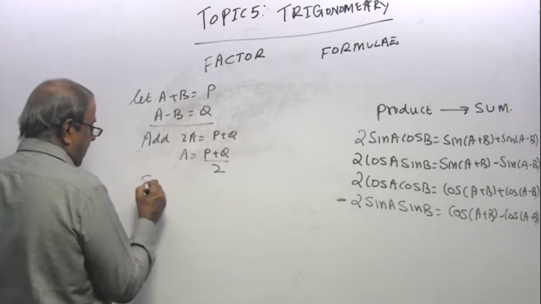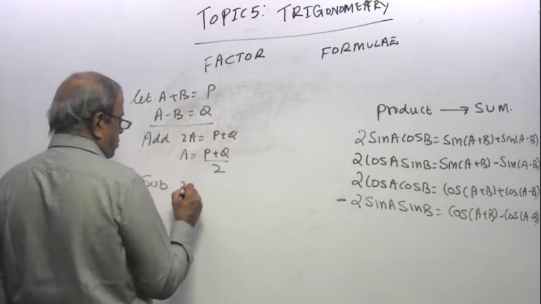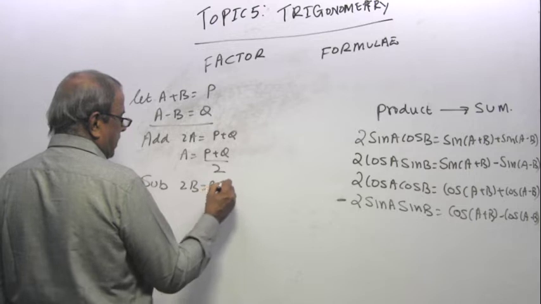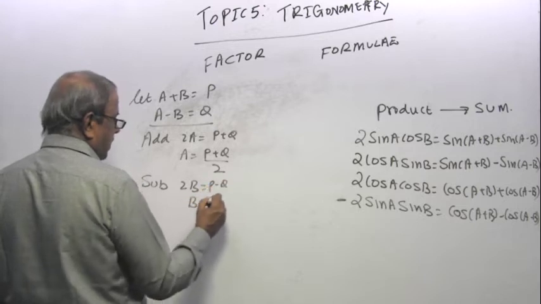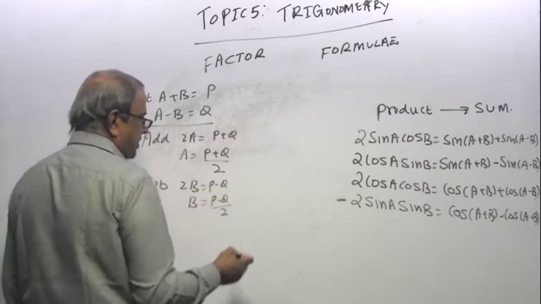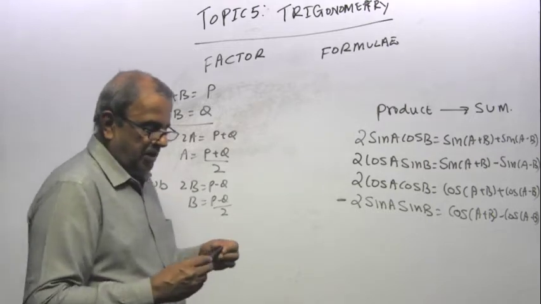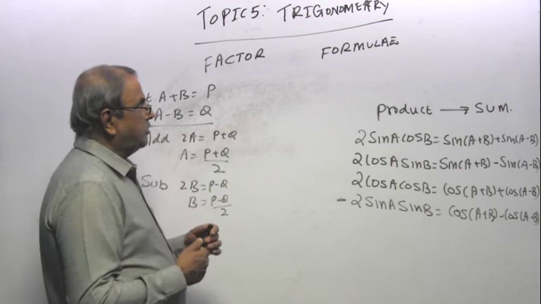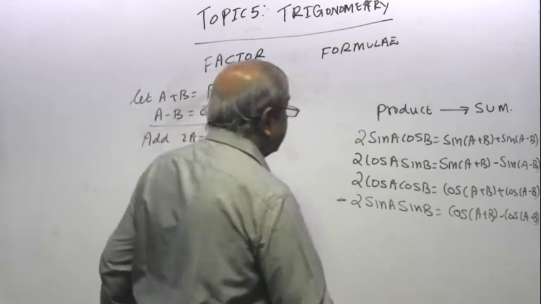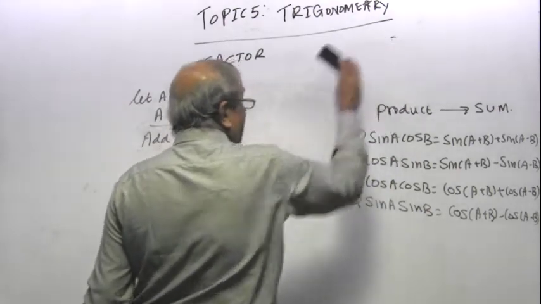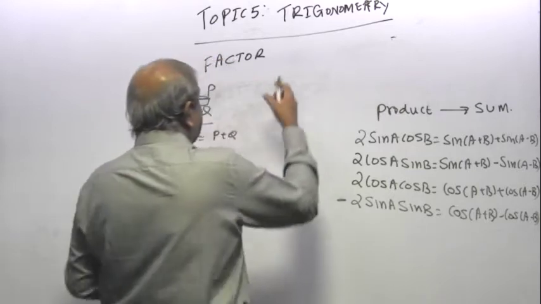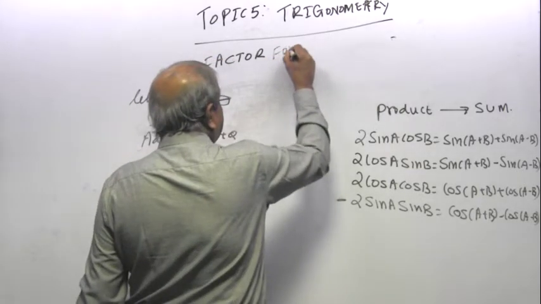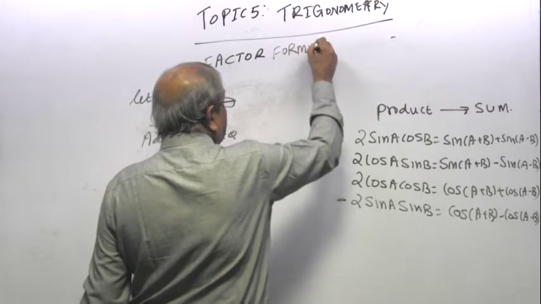When you subtract, 2B is equal to P minus Q, B equals P minus Q over 2. Now, this opens up a whole new set of formulae. Where should I write? I think this formula is too far away, so I'll put the formula here, and then I will write on top there.